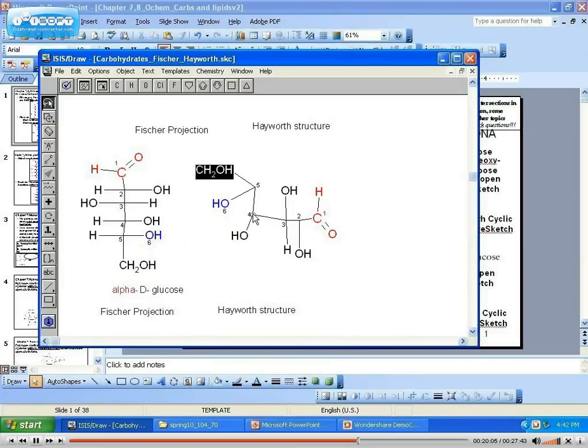As it starts to rotate its tail backwards. Oops, get rid of that hydrogen. It's like a transformer.